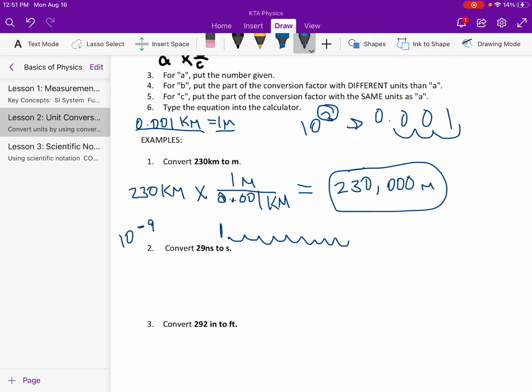So that's 9 places. Fill in the zeros, and we see that is 1 billion. That's our answer. So 1 billion nanoseconds equals 1 second.